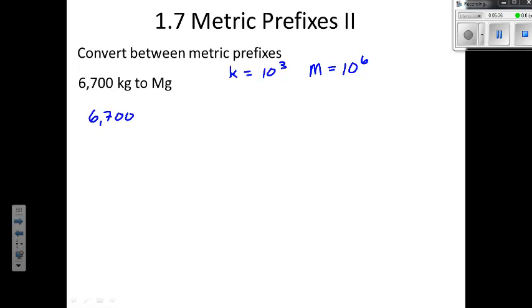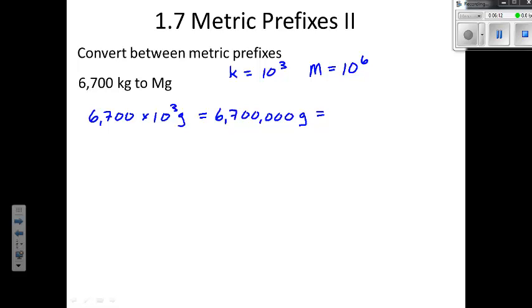6,700 kilograms is 6,700 times 10 to the third grams. We can replace kilo by 10 to the 3, and add 3 places onto the number to get to the standard notation number without the power of 10. And now we're in grams. And now we want to replace 10 to the 6th by mega.